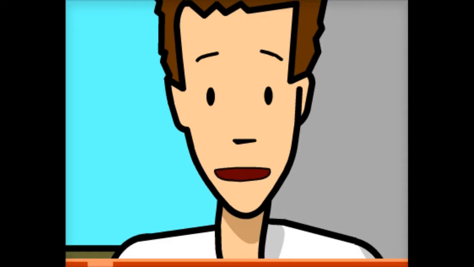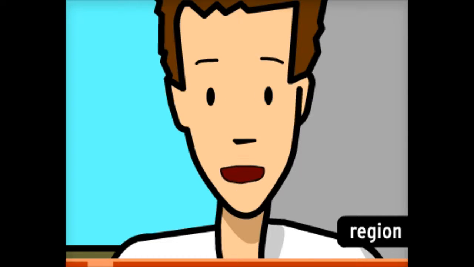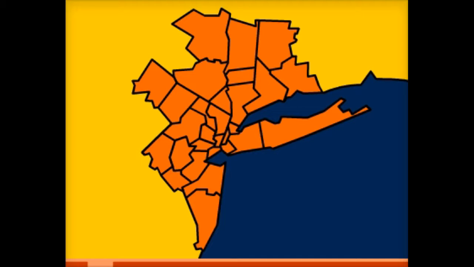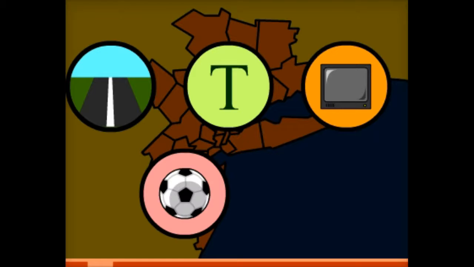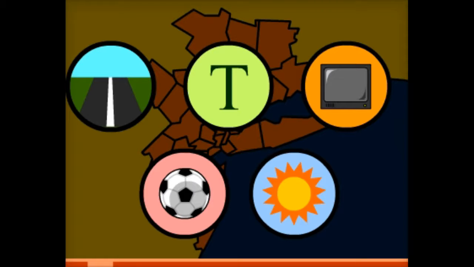We can also talk about a particular region. In geography, a region is just an area that shares some characteristic with another area. Let's say you live in the New York tri-state region. Even though there are tons of different locations and people in that area, it still has a lot of things in common, like roadways, language, TV and radio stations, sports teams, weather, and so on.